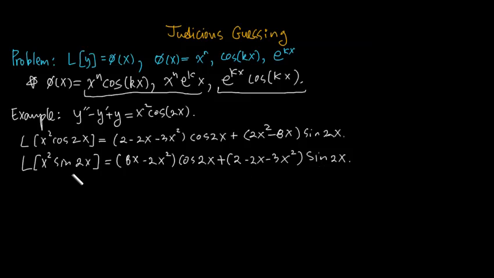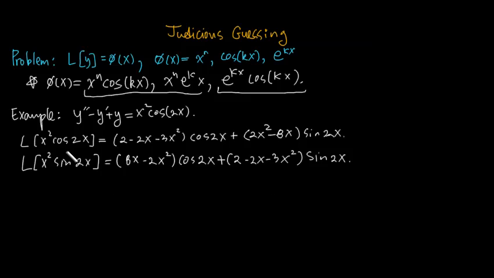So the first goal is how to combine these two to get rid of the sine 2x. You can't do that entirely. We can knock down only the x squared part by multiplying by 3 here and 2 there, and that will cancel the sine 2x part.